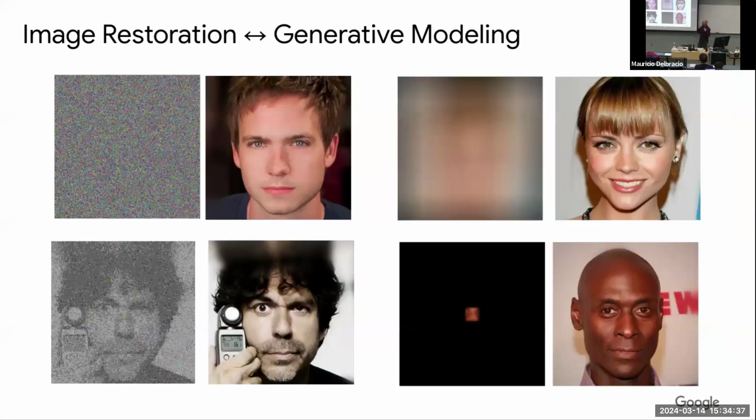And if we take this problem to the extreme, where the degradation is very severe, then this is actually a generative task, because we want to generate a new image that is compatible with the low-quality observation. But if there is no signal in what we are observing, it's just about generating new data.